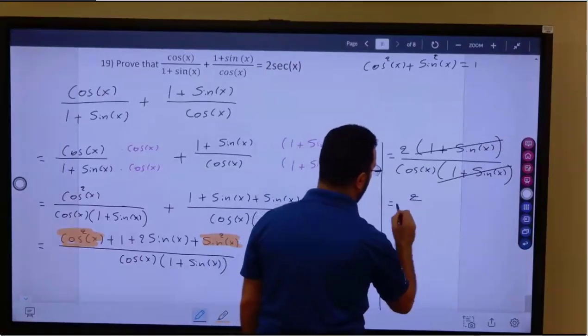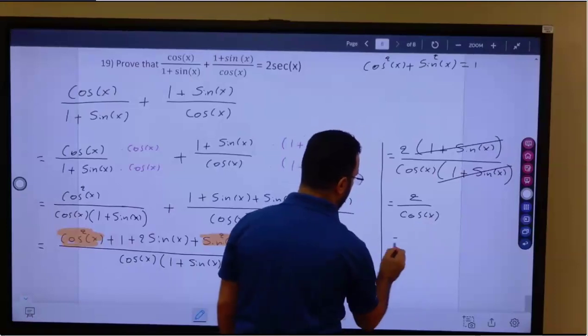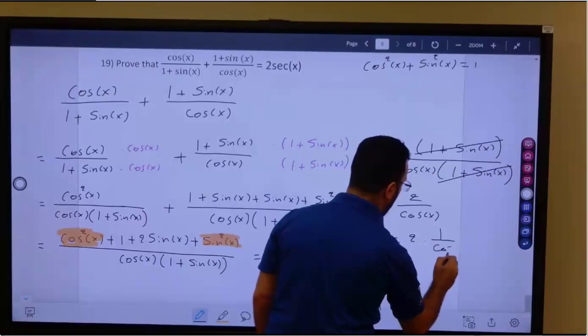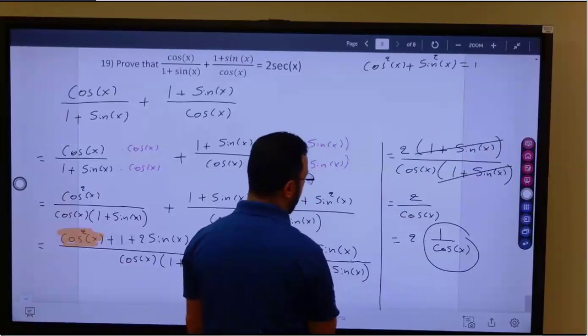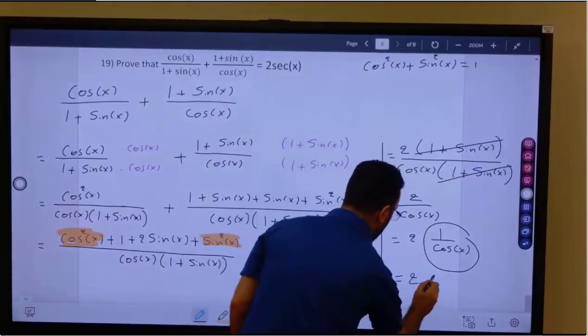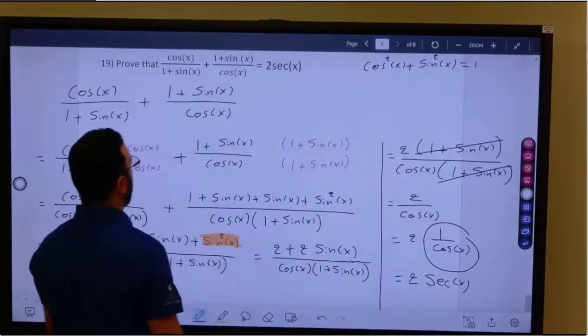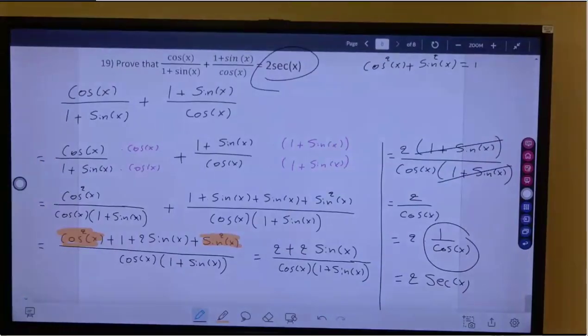What's left is 2 over cosine x. And then I can say it's 2 times 1 over cosine x. 1 over cosine x is the secant. So it's going to be 2 secant x. And that's going to be the answer. That's it. What's the problem?